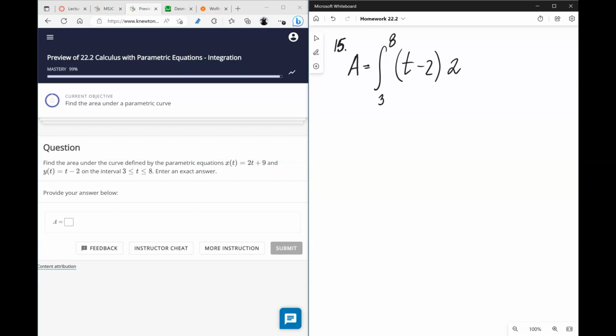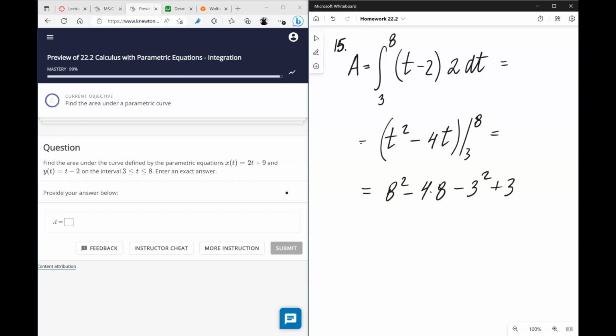Derivative of x is 2. And we have 2 times, let's just integrate it real quick. So we have t squared minus 4t from 3 to 8. So we have 8 squared minus 4 times 8 minus 3 squared plus 4 times 3.